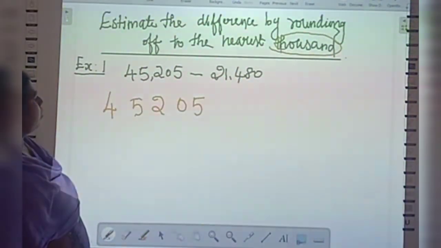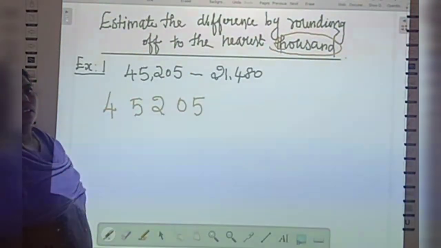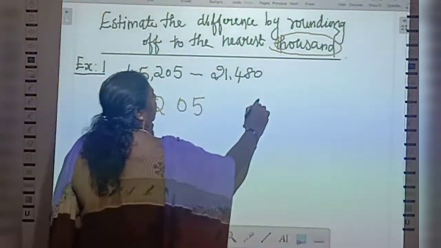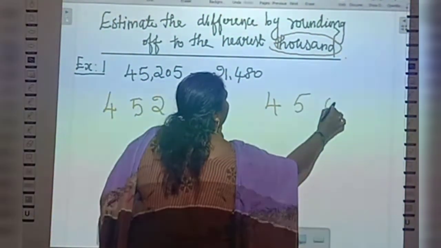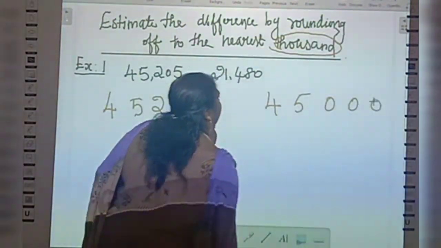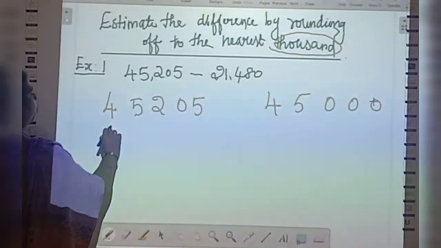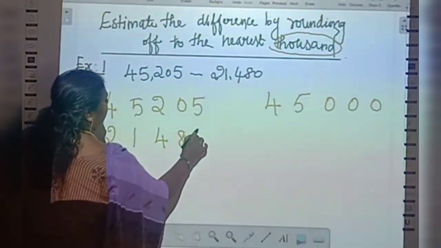So 1000 means 5,205. Is 5,205 closer to 5,000 or 6,000? It is 5,000 only. So the estimated value is 45,000. Yes. Next, 21,480.